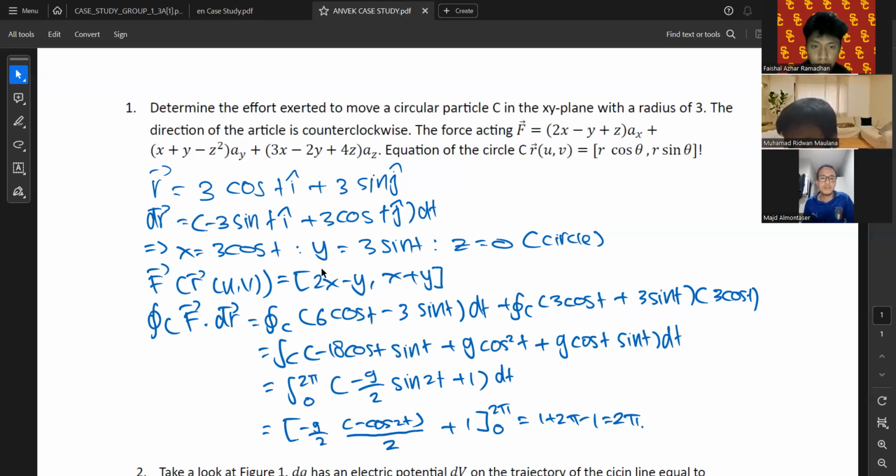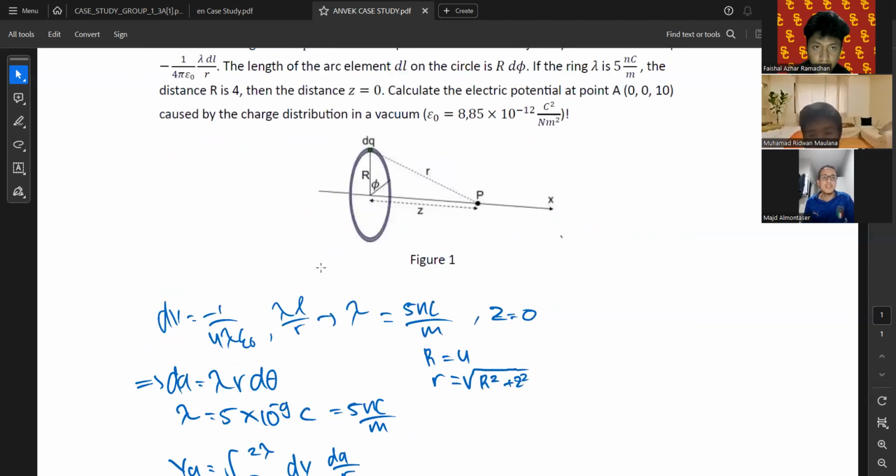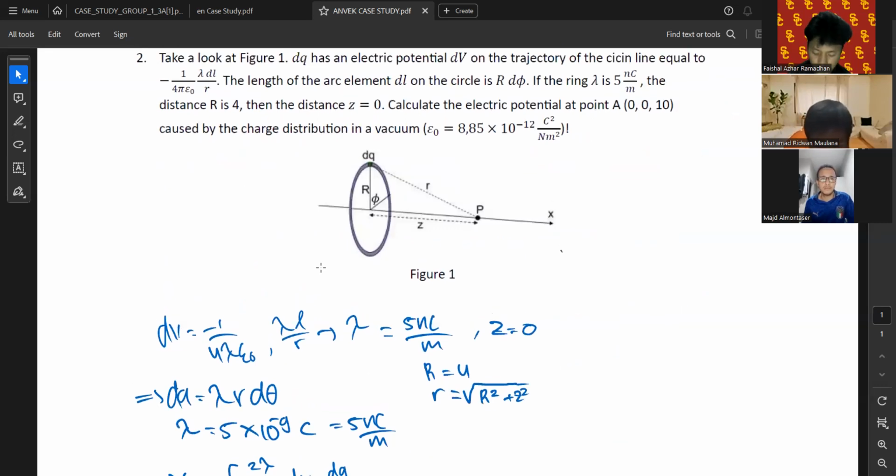This is for the first question. The second question is, take a look at figure 1. dq has an electric potential dv with a trajectory of the scenic line equal to 1 over 4 pi e0 times lambda dl over r. The length of the arc element dl on the circle is r d theta.